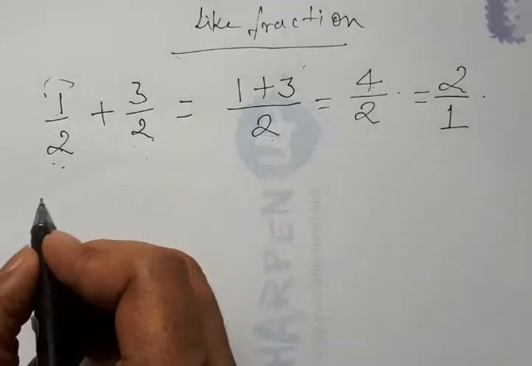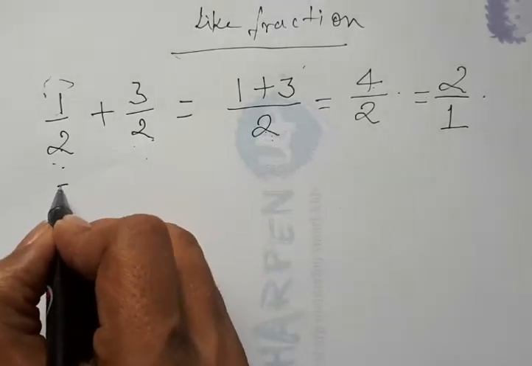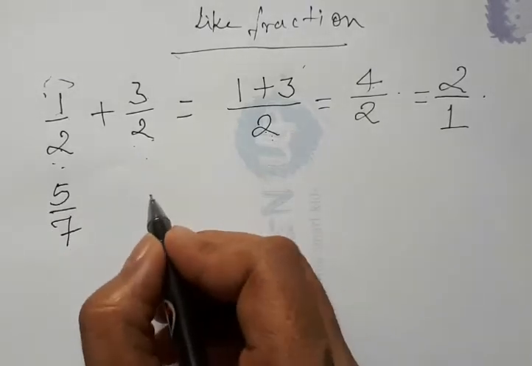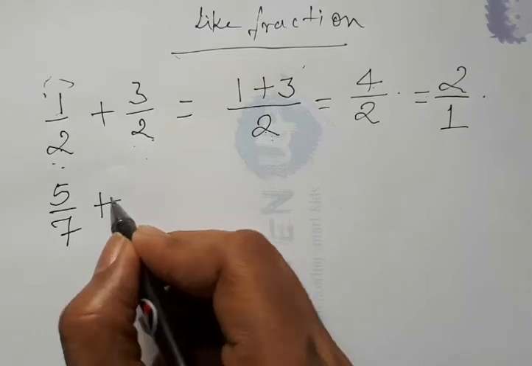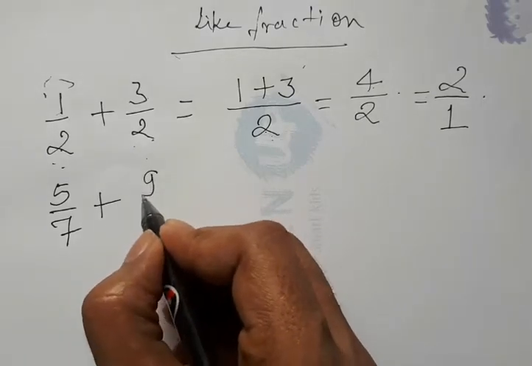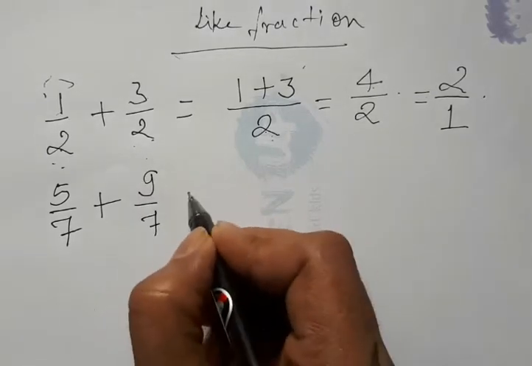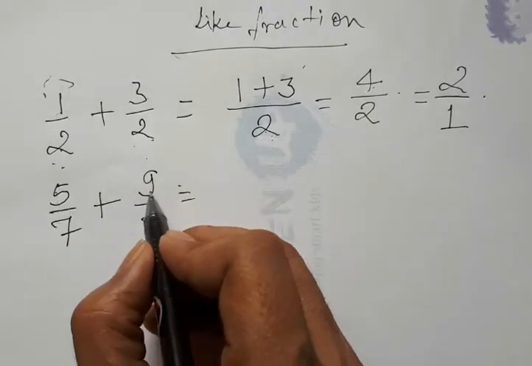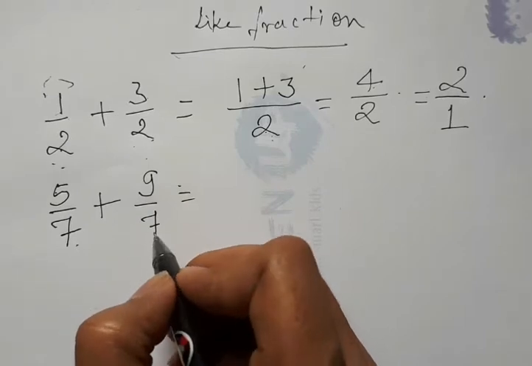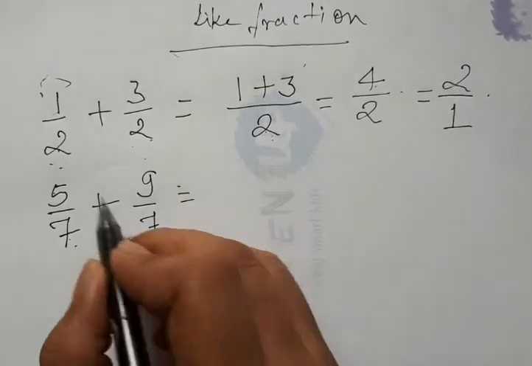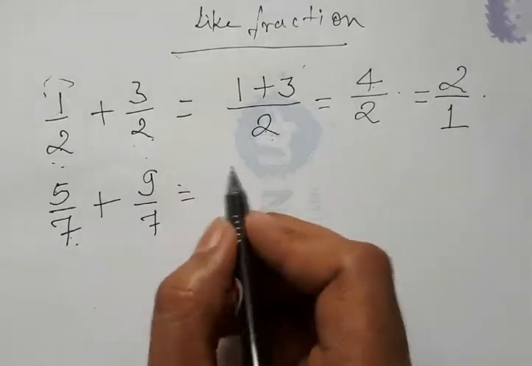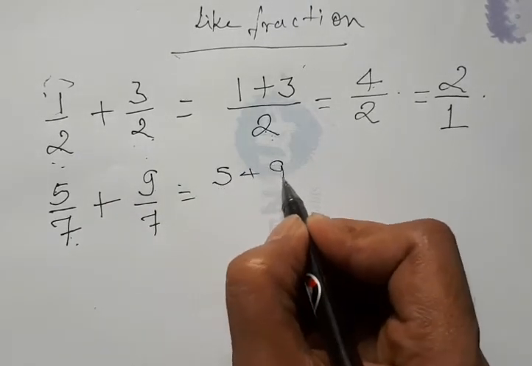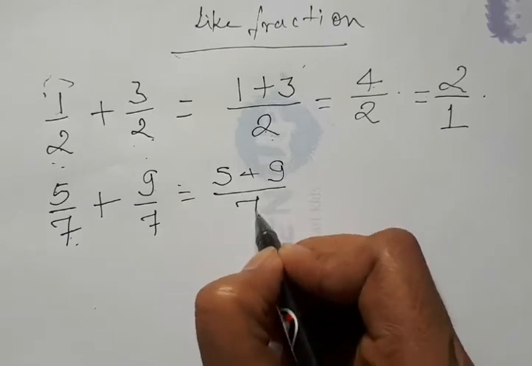Okay, let's take another example. Suppose I have 5 upon 7 and I have to add 9 upon 7. Again, I just have to add 5 and 9, not 7 plus 7. Don't make this mistake. You just have to add the numerators. So 5 plus 9 upon 7.